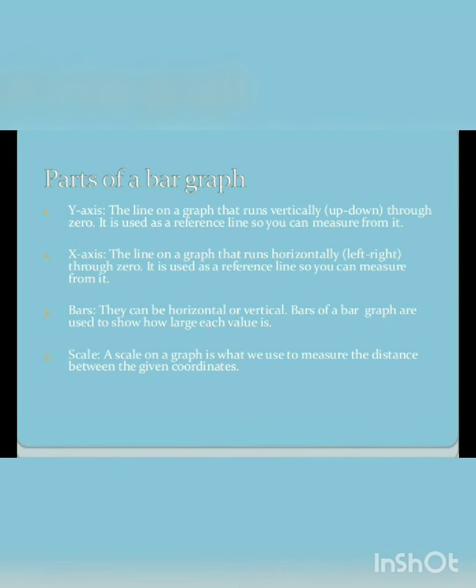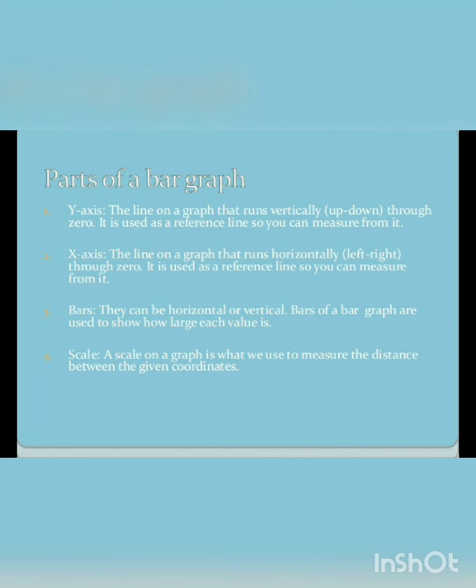So the parts of a bar graph. The y-axis is the line on a graph that runs vertically, that is up and down through 0. It is used as a reference line so you can measure from it. The x-axis is the line on a graph that runs horizontally, that is left to right through 0.